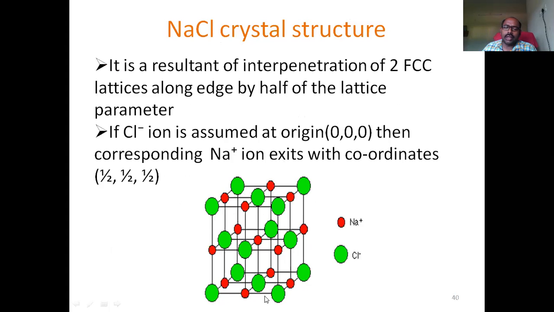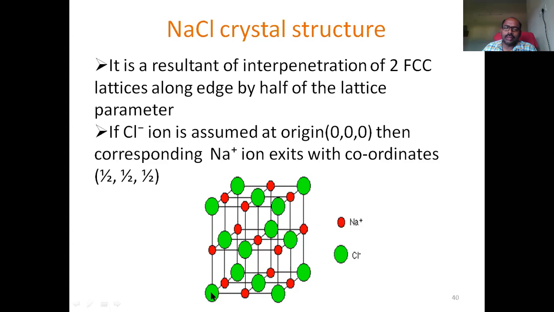Therefore, they touch along the edge. These are at the shortest distance, the nearest distance. Therefore, they touch along the edge.